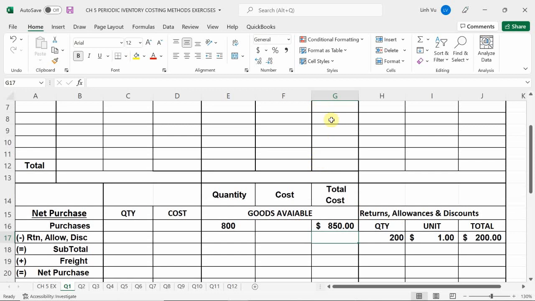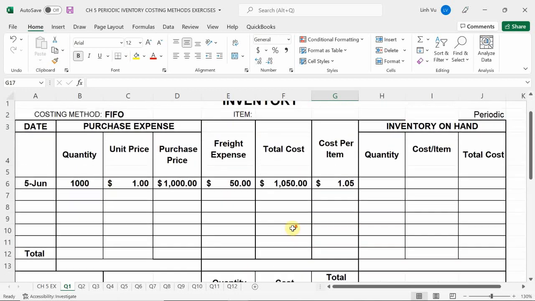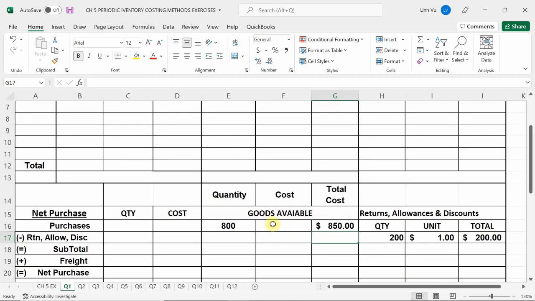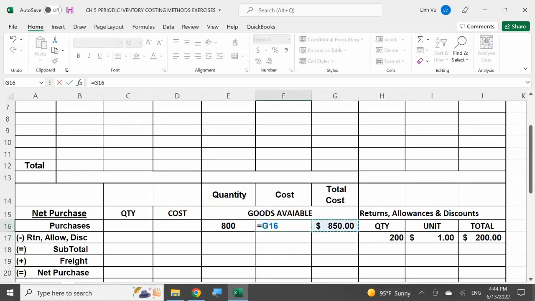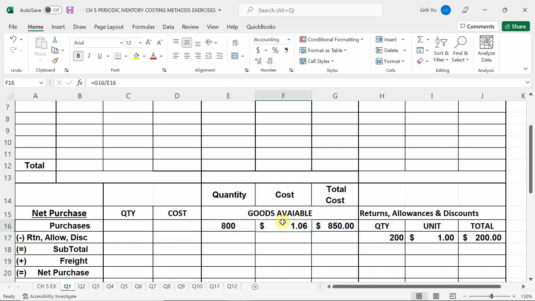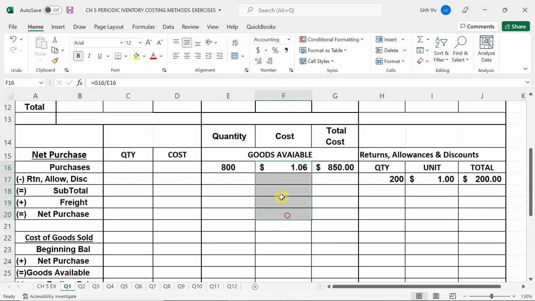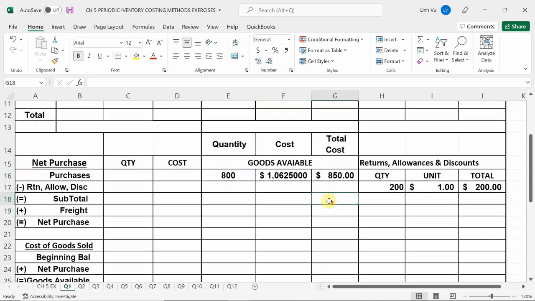Now I have a new quantity and a new total cost. I need to figure out my new cost per item, because I'm dealing with less total cost and a lesser quantity. So I'm going to take my $850 and divide it by my 800 to give me $1.06. But again, don't forget, this can be extended, so this is $1.0625. Why is that?